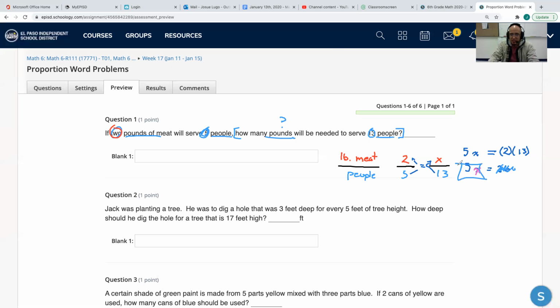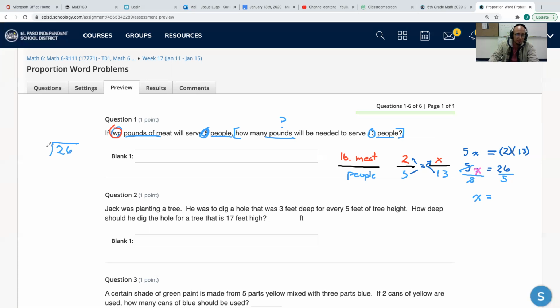When I divide by 5, I have now isolated the variable. x is by itself. However, whatever I do to one side, I must do to the other. So I must divide the other side by 5. So x will equal whatever 26 divided by 5 is. I'm going to work that out here on the side.